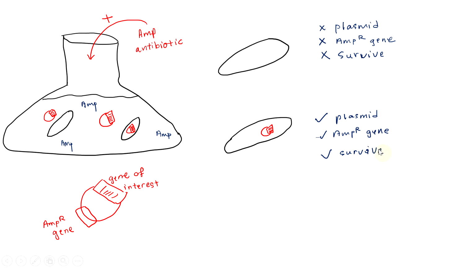So we say a marker gene is the one that helps you differentiate which bacteria have taken up the plasmid and which have not. So this is the one that was not successfully transformed. This is the cells that have taken up the plasmid.